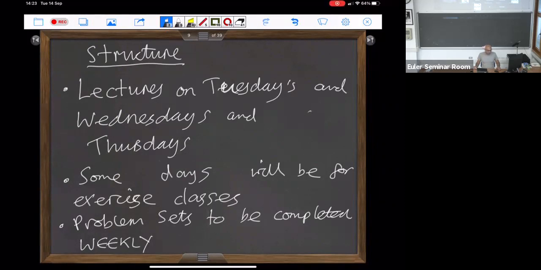Some of these days, as we get going, will be for exercise classes. We have a tutor for the course, Ida, one of the postdocs in our high energy group. And once we've got going, there are going to be weekly problem sets, which ideally should be completed weekly as well.